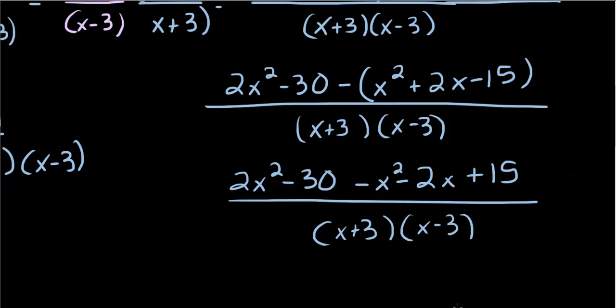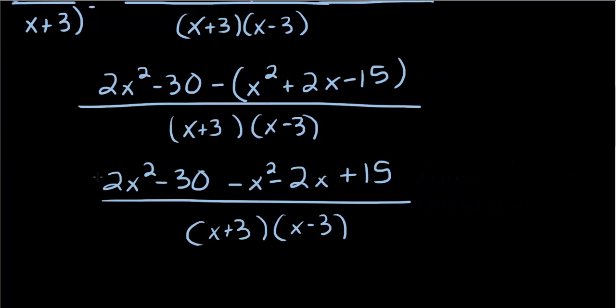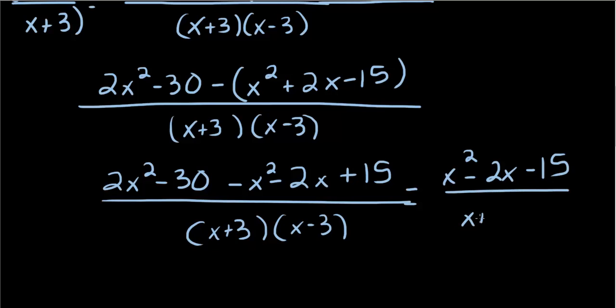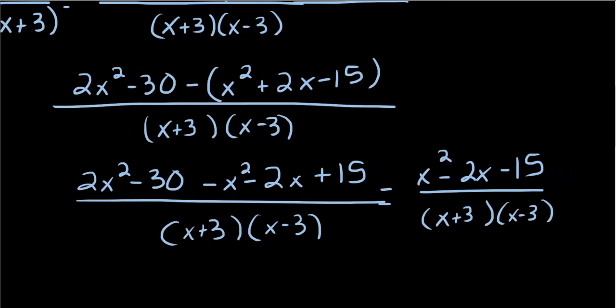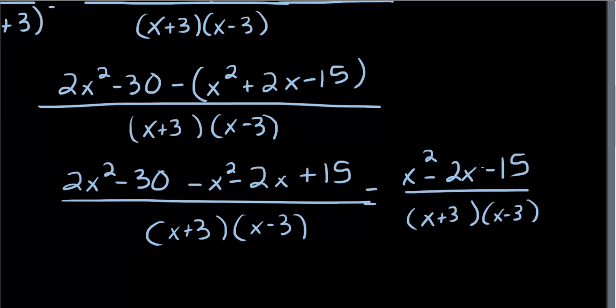So now we're going to combine like terms. 2x squared minus x squared, that is x squared, minus 2x stays like that. Negative 30 plus 15 is negative 15, over x plus 3 times x minus 3. Once you get to this step, you want to check to see if you can factor this trinomial, and if by factoring you will be able to cancel anything on the denominator.